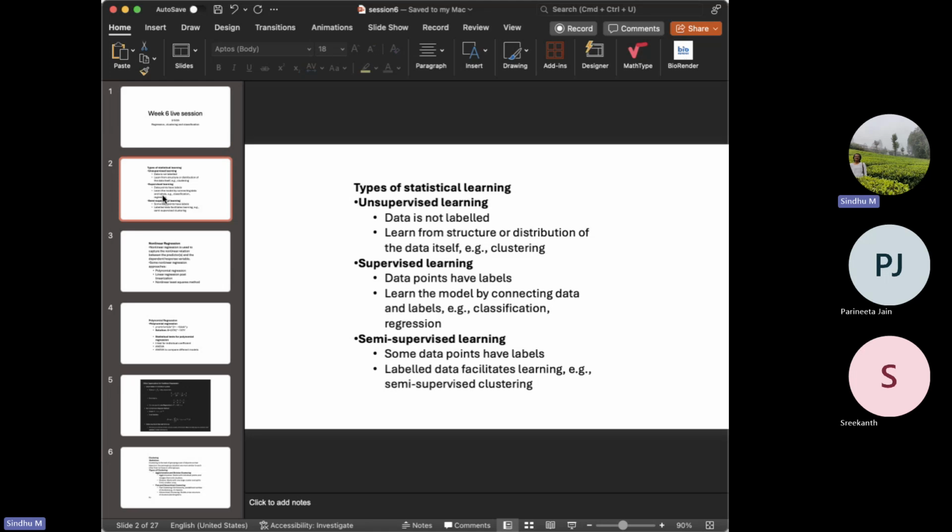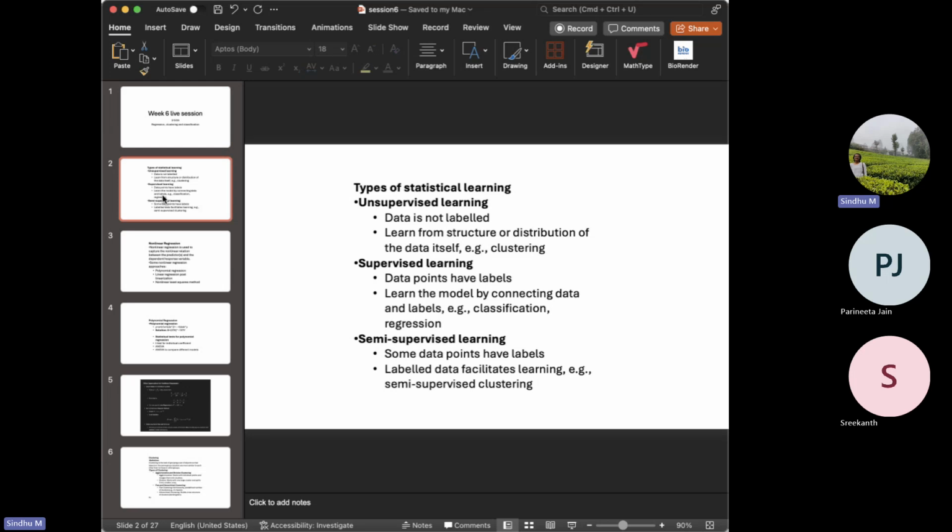The first is unsupervised learning, where data is not labeled. For example, clustering is an example of unsupervised learning. Labeling the data means that in the input itself, we have to tell the computer what class it belongs to, and from there it will learn.